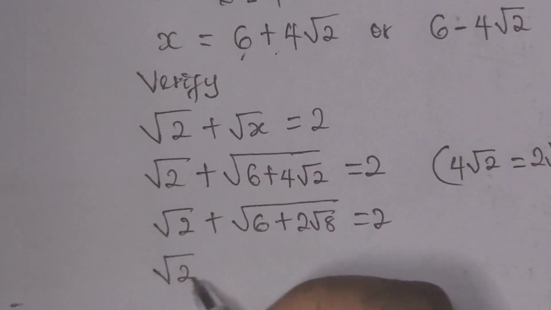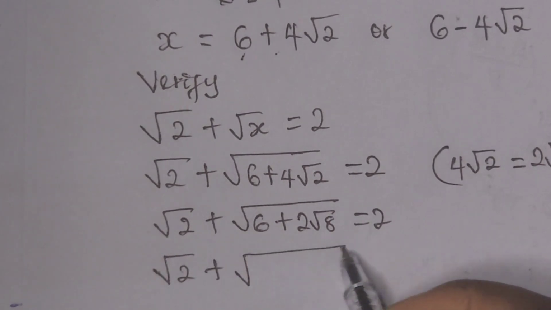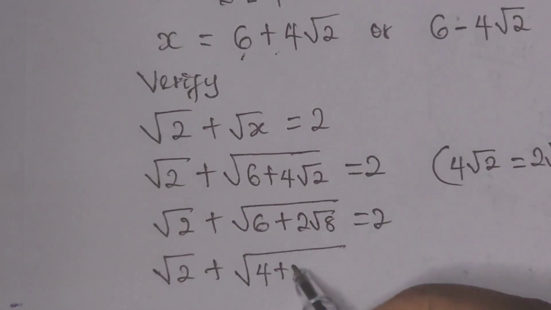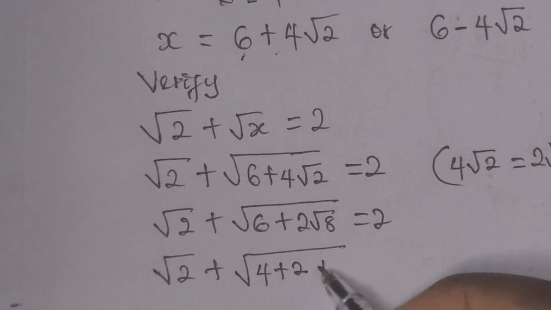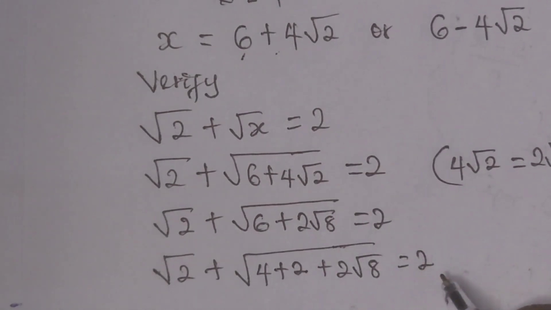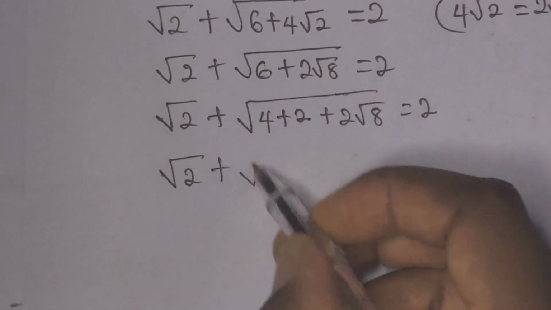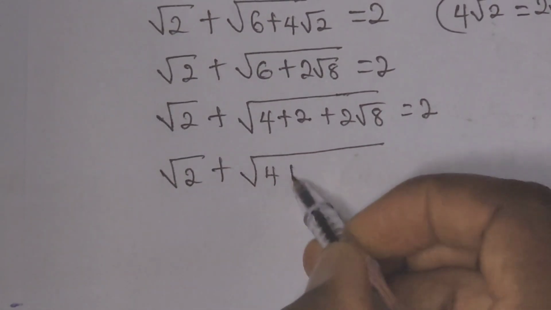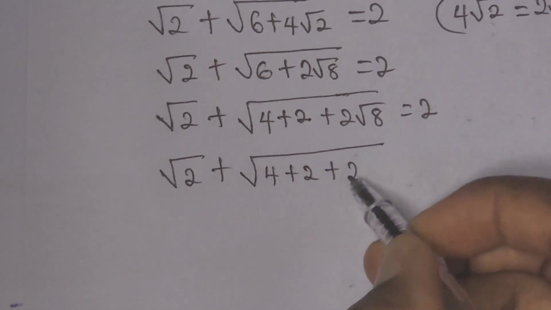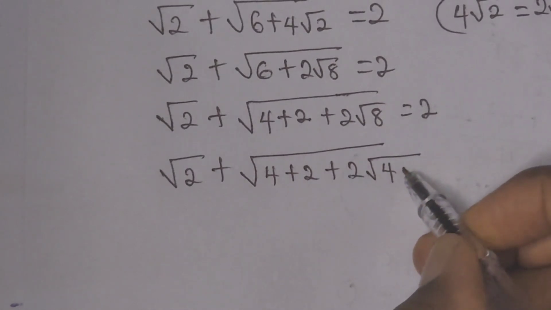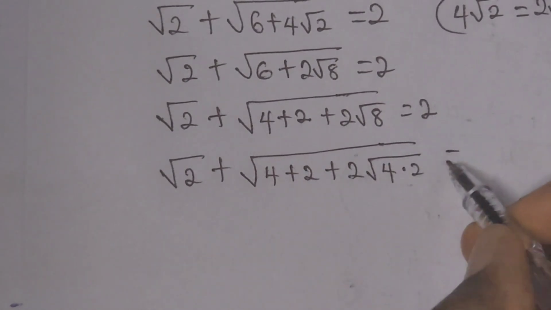We have root 2 plus root 6, which can be written as 4 plus 2, plus 2 root 8, all equal to 2. So we have root 2 plus root 4 plus 2 plus 2 root 8, which can be written as 4 times 2, all equal to 2.